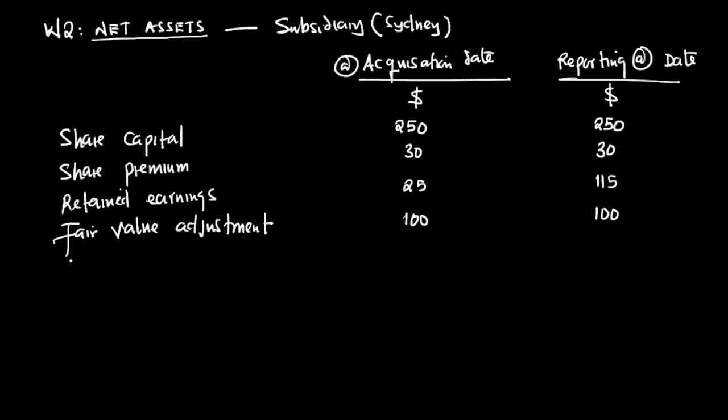Then depreciation. Here you can open brackets: 100 times 15%. We were told the depreciation is 15%. That will give us a 15 at the reporting date in brackets, because it will be reducing the fair value.